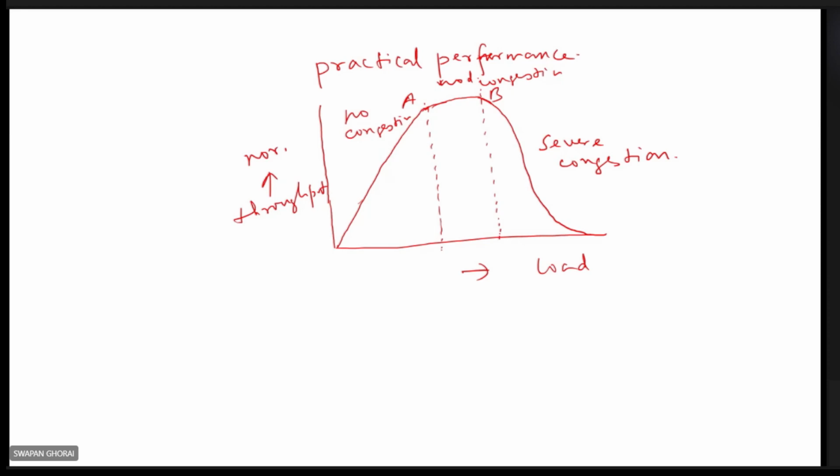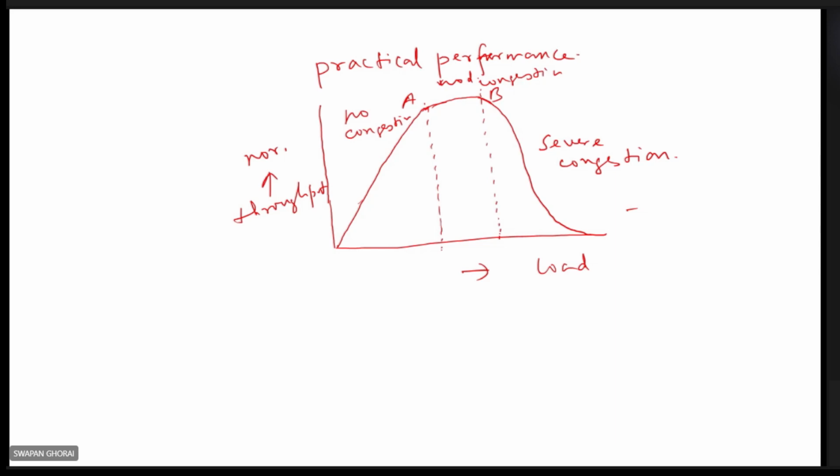Under these conditions, the effective capacity of the system will be down to 0. That is the scenario for the severe conditions. This is the practical performance: you can see the capacity going downwards, and ultimately the throughput will be 0.